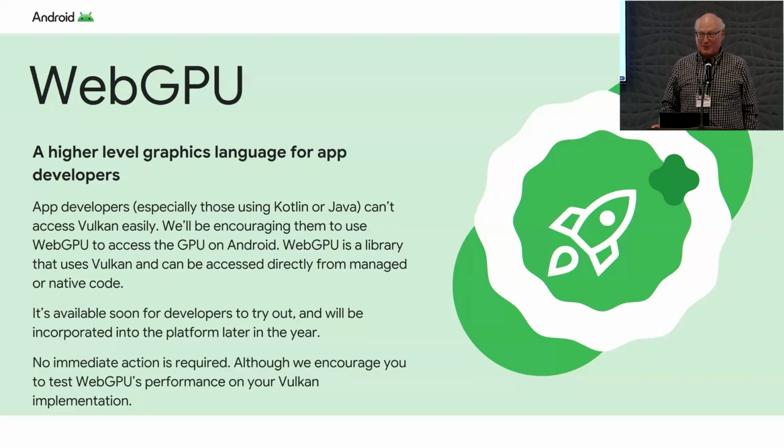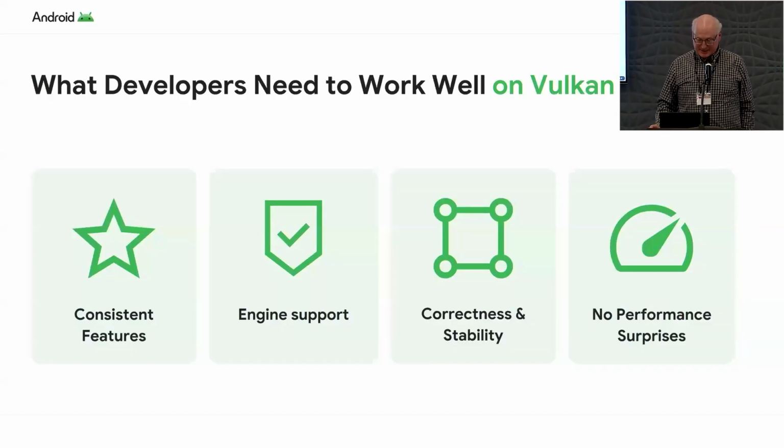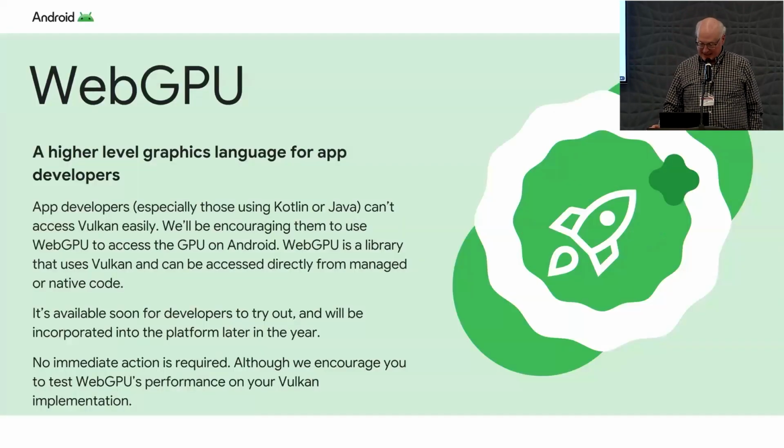You don't have to be a web app to use it on Android. Coming soon here, right? So good things. You don't need to do something now, but you'll be able to try it out. And where we're targeting this is for more simple apps, right?